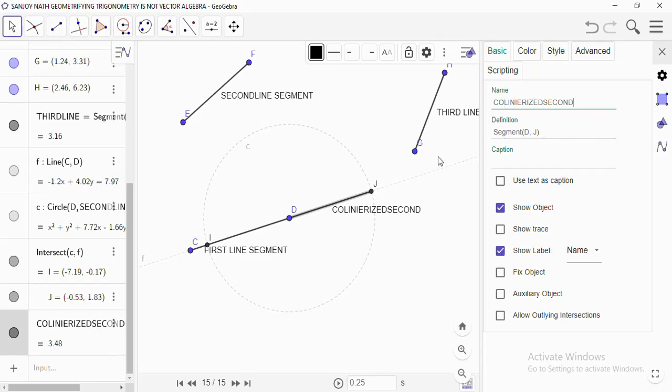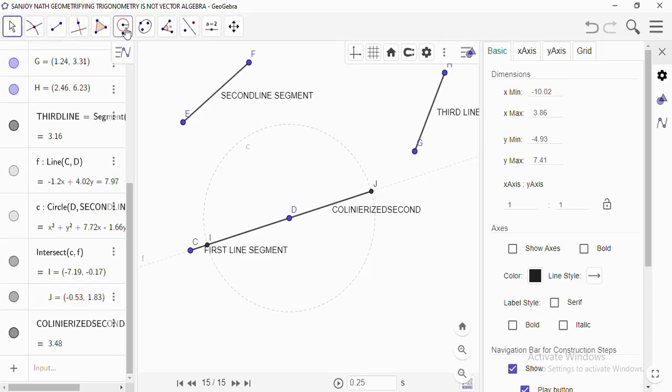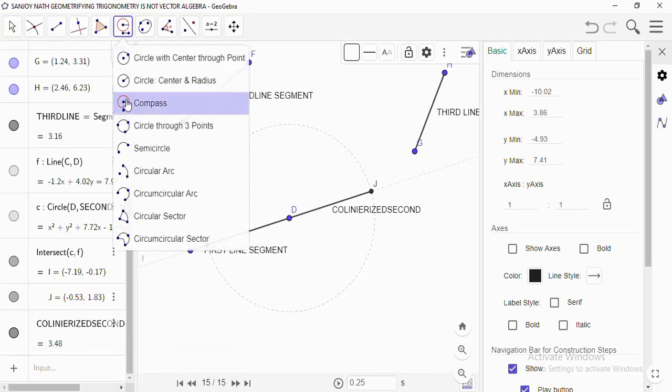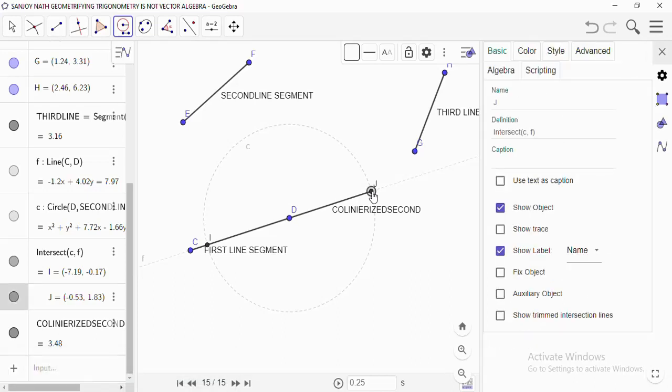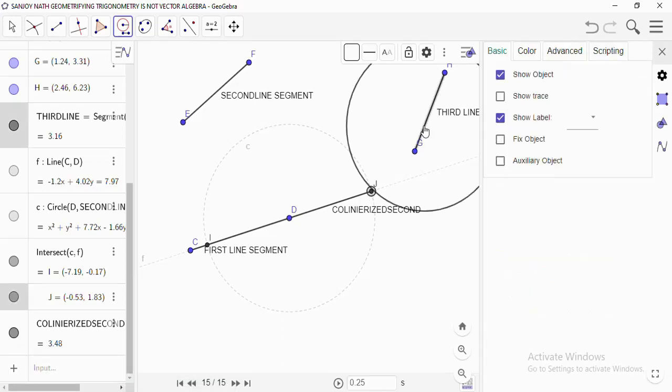In the same way, we can draw the circle with the center and compass, where the center is the end point here and the compass radius is this one.